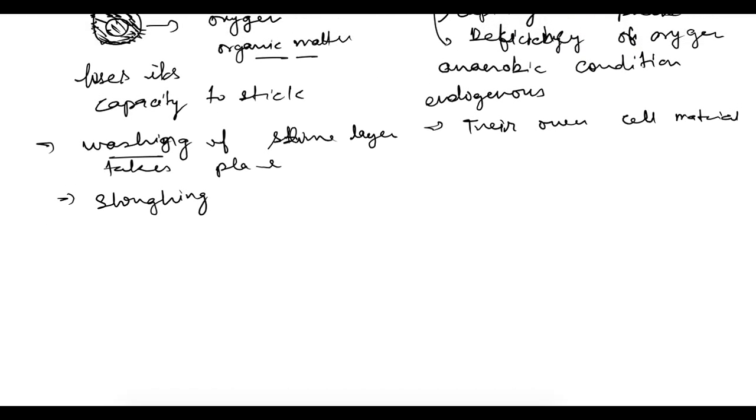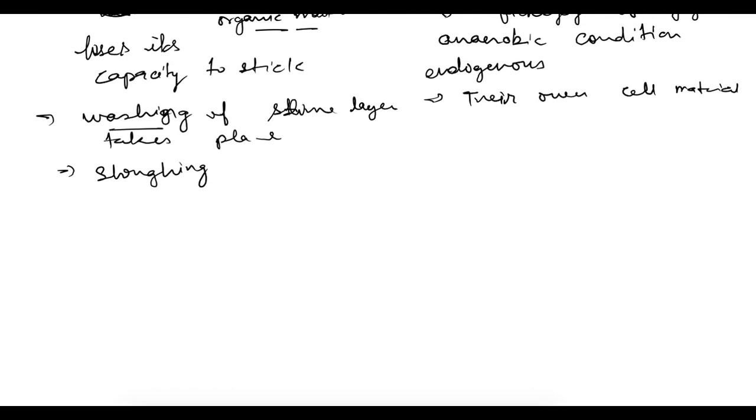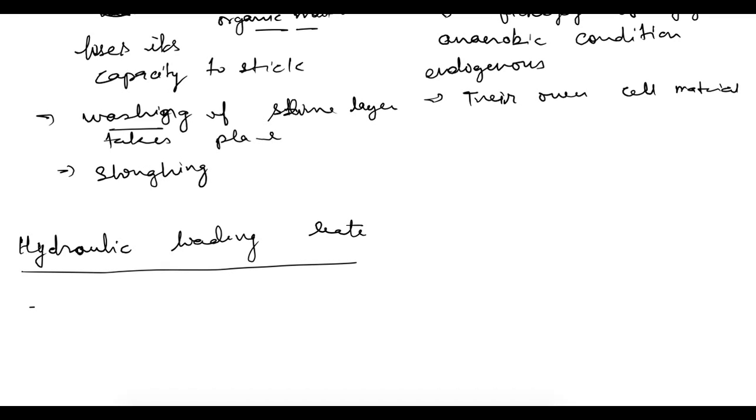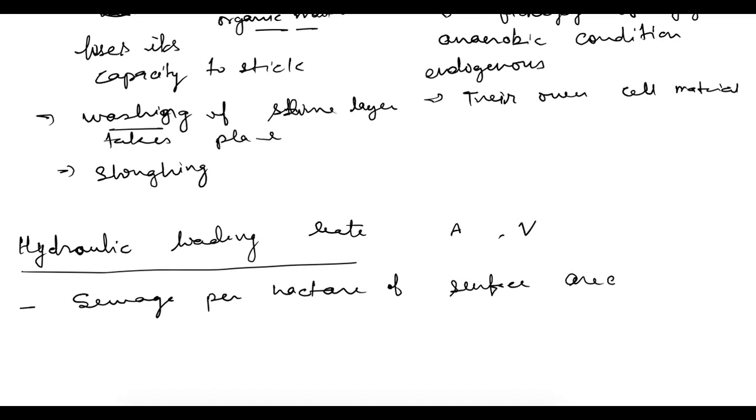Now we can see how we find out the efficiency. Before that, you have to understand two terms: hydraulic loading rate and organic loading rate. Hydraulic loading rate we can write in terms of either area or volume. In terms of area, it is sewage per hectare of surface area per day.